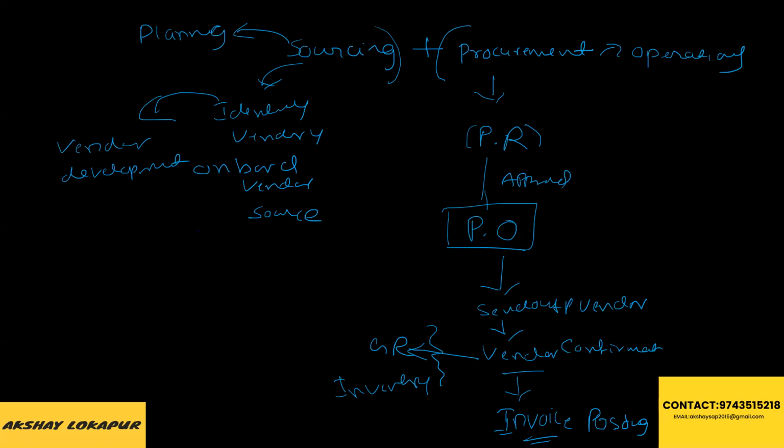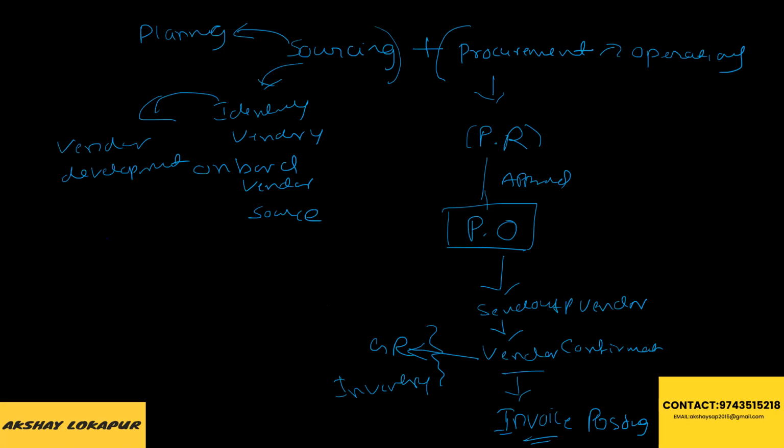In sourcing, many things are there. For example, let's say yours is a construction company. You need to buy cement and steel. Normally, we'll create a PO. If you already have a contract available with the vendor, we'll create a PO and continuously buy the product.